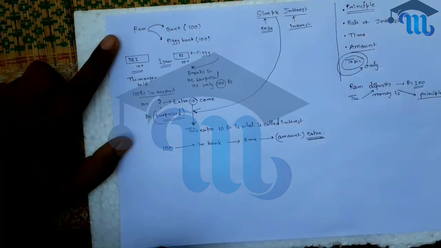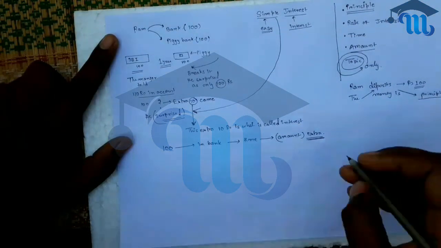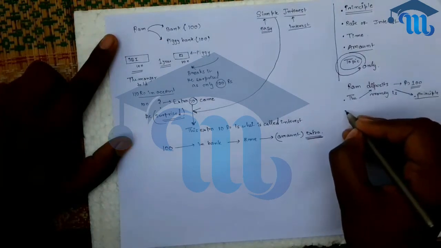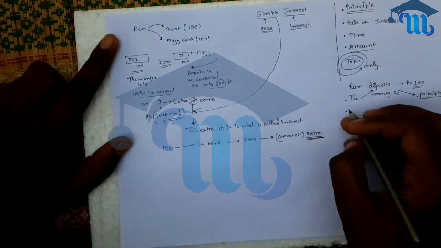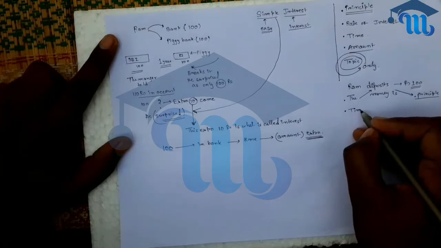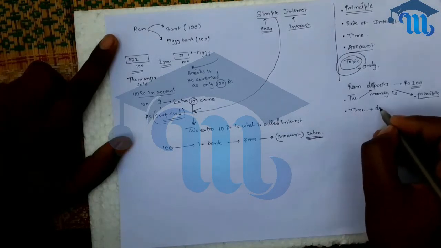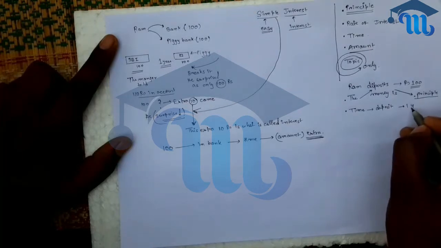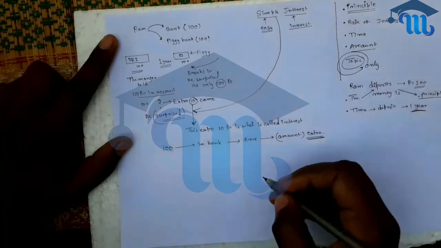Okay, was it easy? Yeah. Now, time. Ram deposits the money for a whole year. So the time period was 1 year.